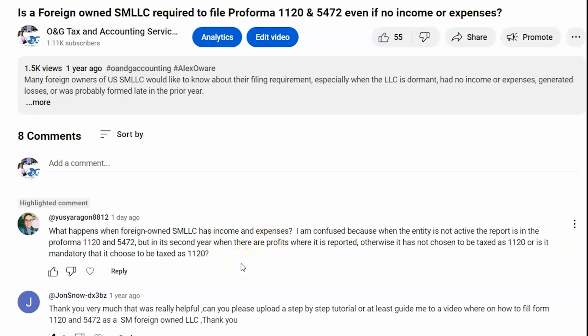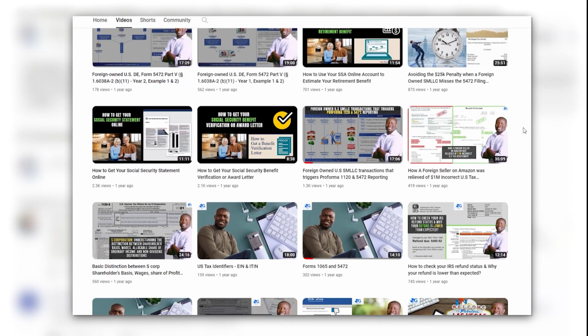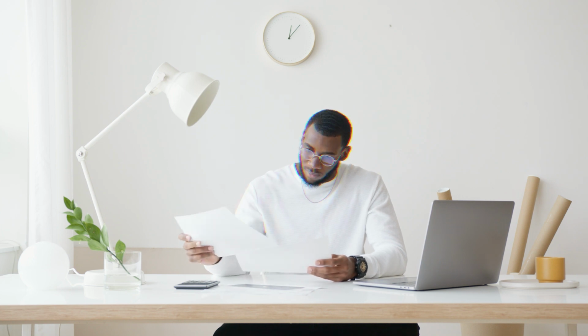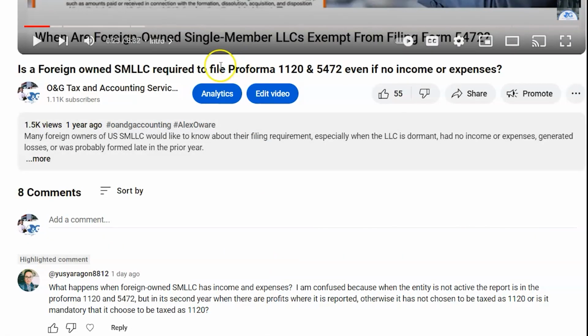And as I have explained several times in several videos, if you, as a foreign person, think you have income and expenses, and you think that income is taxable in the US, you don't report it on Proforma 1120 and 5472. That is not the purpose of this form.